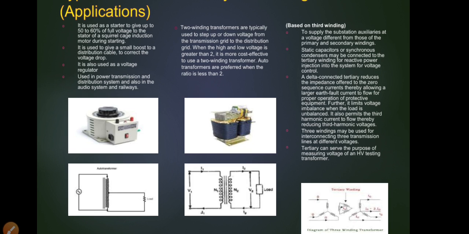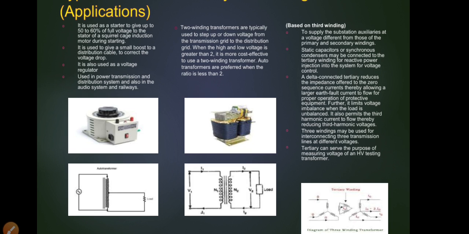This is one of the good applications. It also permits the third harmonic current to flow, thereby reducing the third harmonic voltages. The three windings may be used for interconnecting three transmission lines at different voltages. The tertiary can also serve the purpose of measuring voltage of HV testing transformers, high voltage testing transformers.